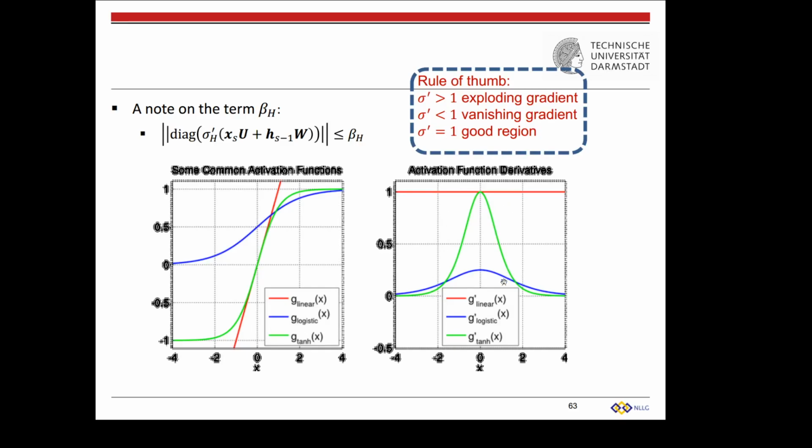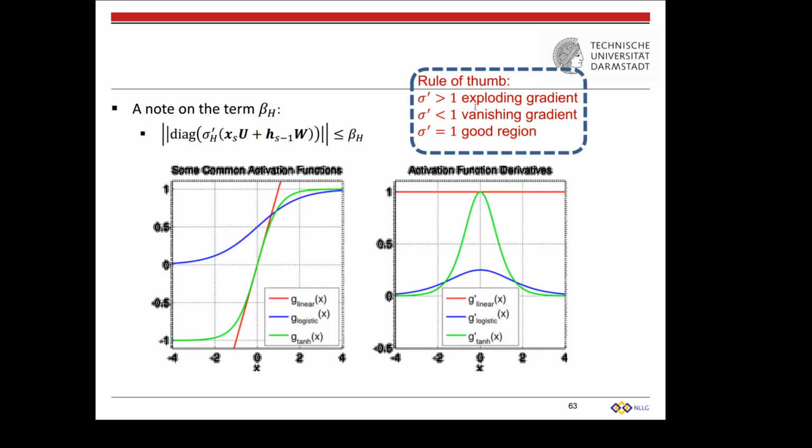We look at the derivatives, and you see the identity has good derivatives, they're always 1. The sigmoid has very bad, very, very small derivatives, and the tanh is better, especially around 0.